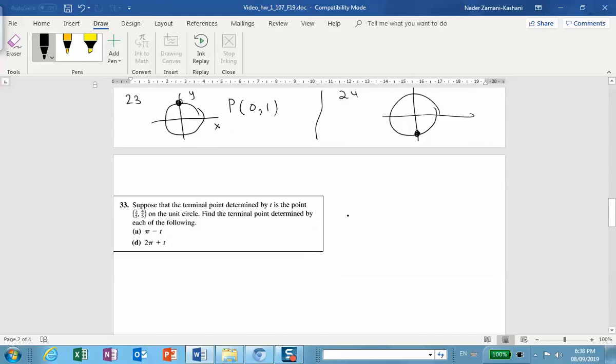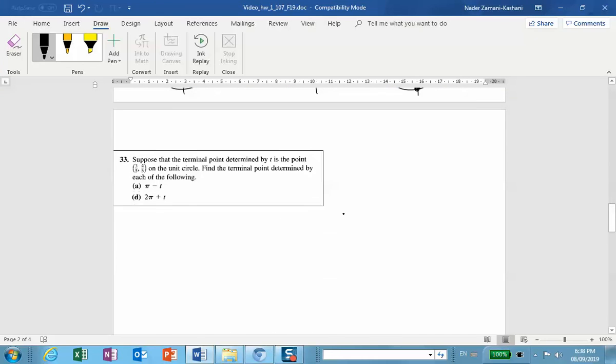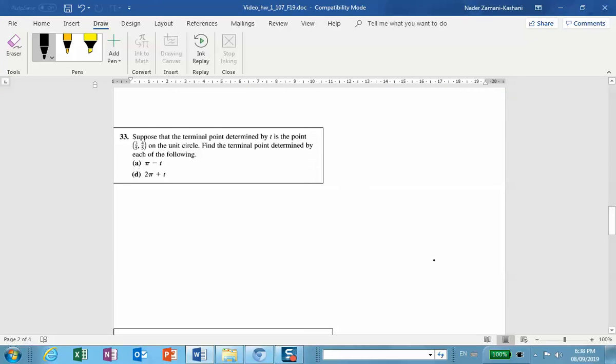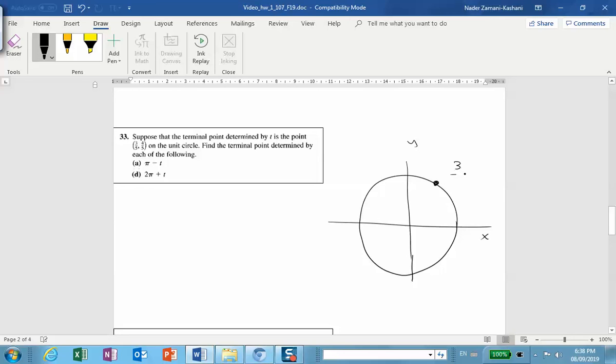Let's see if we can do one more. Let's do this one. Well, first of all, it says that we have a point with the terminal point 3 over 5, somewhere here, 3 over 5 and 4 over 5.